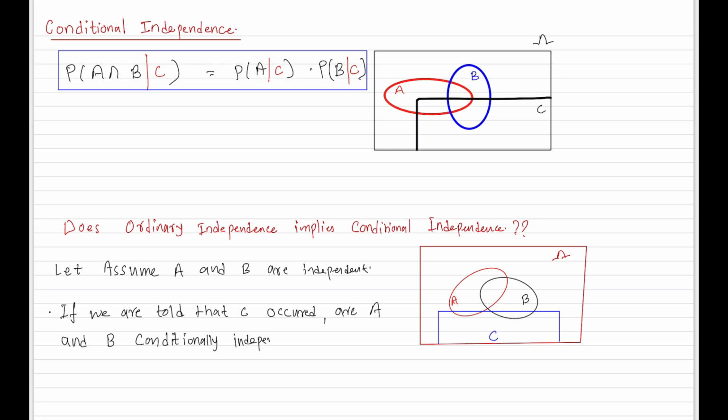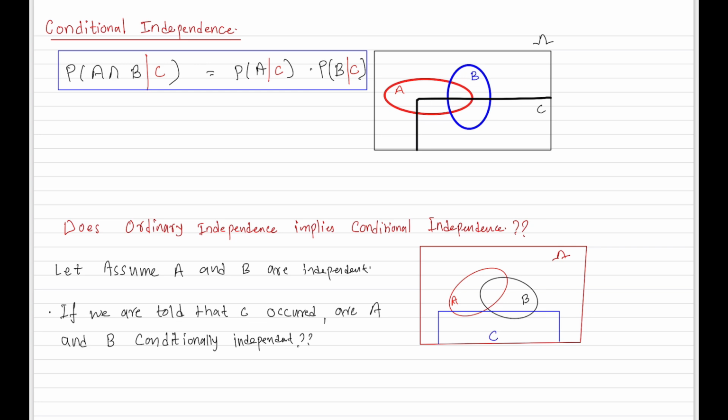If you look at this Venn diagram, under this given evidence C, let's look at A and B.